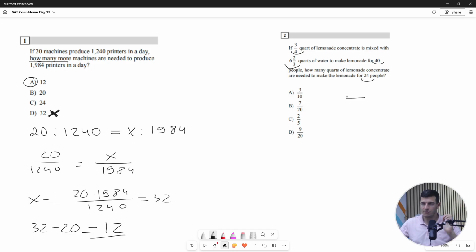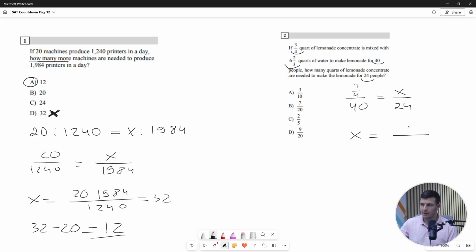So it seems a bit strange. But since we're looking for the concentrate, we can avoid the water conversation now because we don't need the water thing. So 3/4 concentrate gives us 40 people. How much concentrate is going to give us 24? That's all we need.